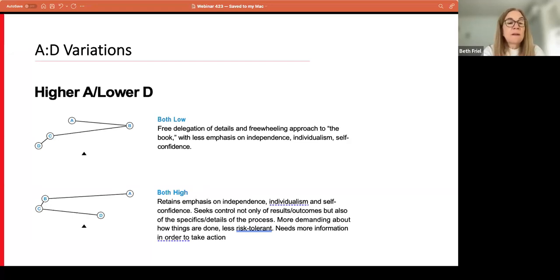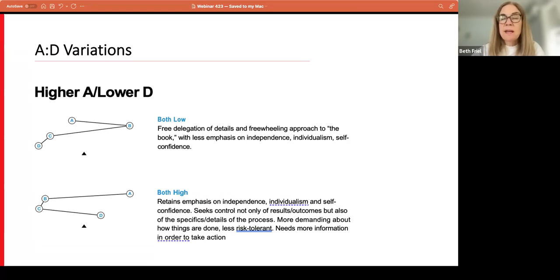A and D, both low. Free delegation of details and authority. But they're still quick to make decisions. They don't need that much information. They're pretty confident, but they like the team consensus as well.